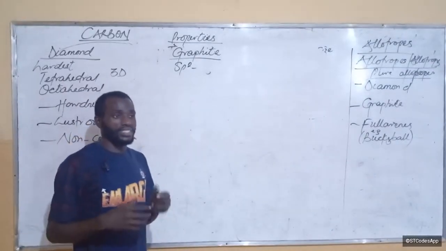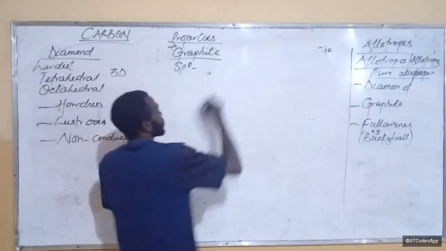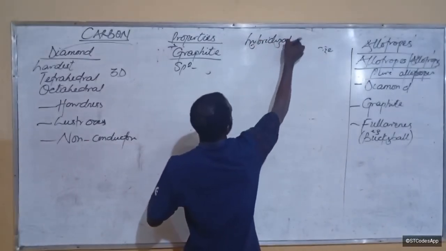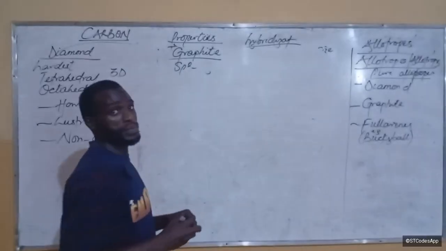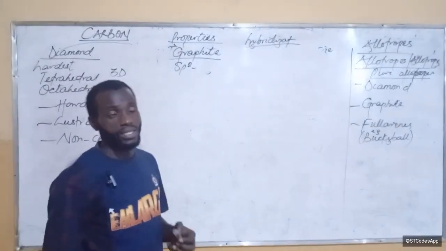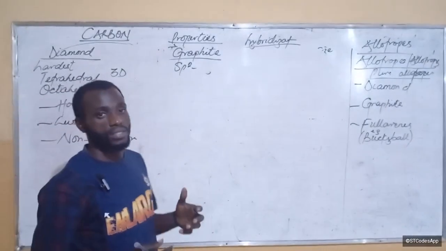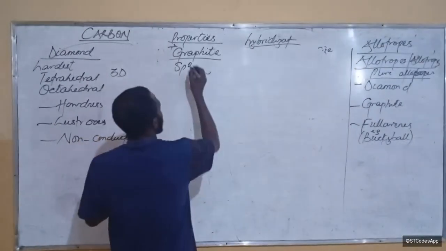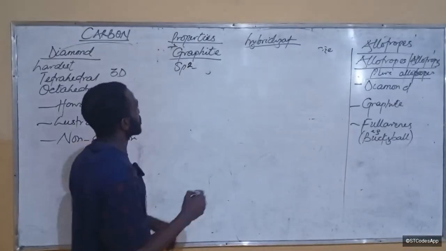It was the term hybridization that Pauling used to explain the way carbon behaved. So Pauling was the one who used it to explain it, I think in 19 whatever.